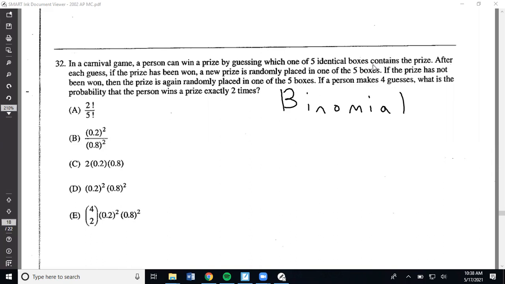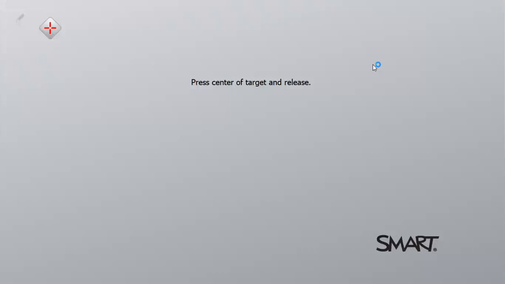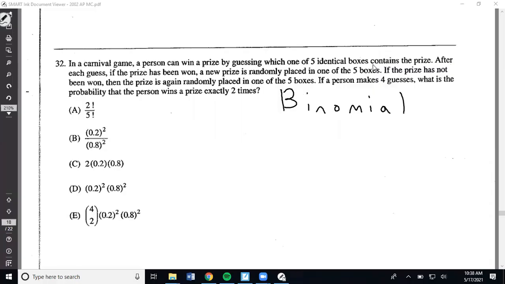A binomial distribution has two components to it. It's got a number of trials n and a probability of success p. So there are two things you will need to identify a binomial distribution.